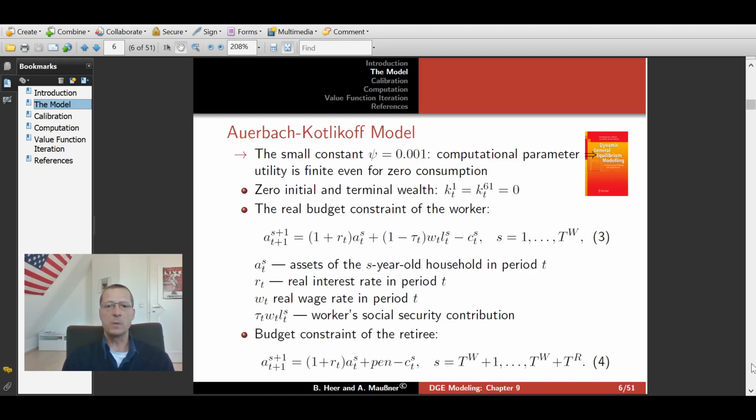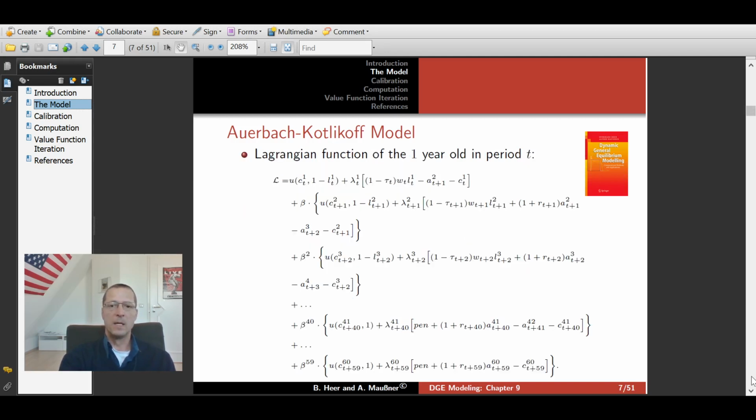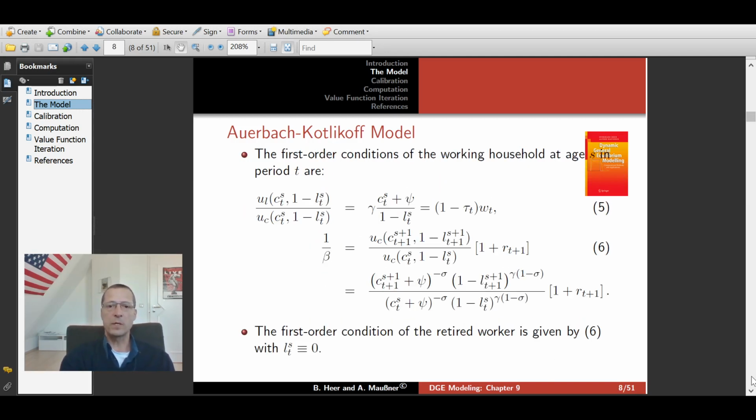When we are a worker, we get labor income earnings w_t l_t, which are taxed at rate tau_t, our social security tax. We have assets a_{s,t}, which yield the return r_t. And we use it for consumption c_s or for next period savings a_{s+1}. In old age, we do not get wage income, but we get pensions instead. And we have derived the first order conditions here, 5 and 6, and solved them.